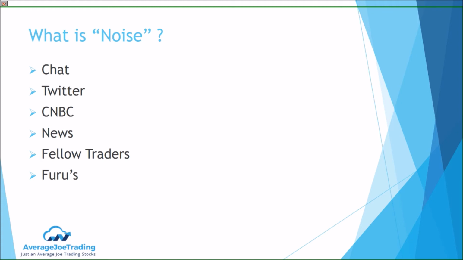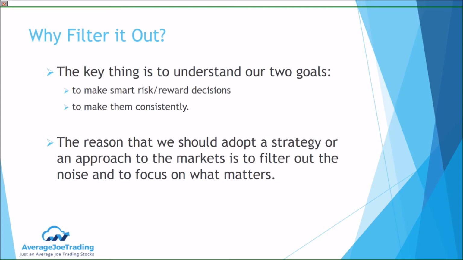So all of these things and anything you could think of that distracts you from your trading is going to be considered noise. And you have to get rid of it. So why filter it out?